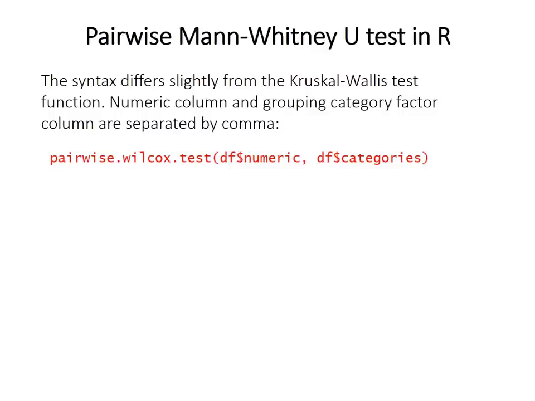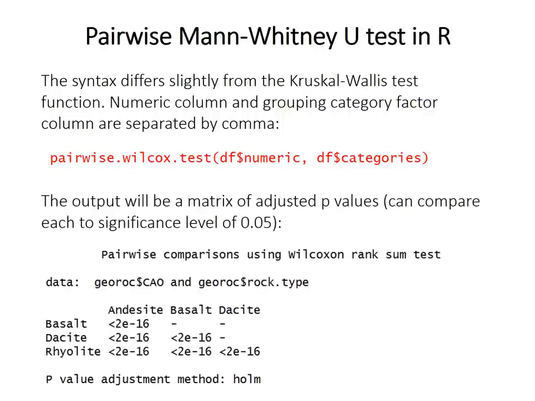So the pairwise Mann-Whitney U test function is a bit different in its format. You'll need to specify the data frame and the columns using the dollar symbol style, which you've used before, and you separate the numeric data and the categorical grouping factors with a comma, not writing them as a formula with the tilde. So the output will be a matrix of adjusted p-values. So rather than adjusting the significance level like I demonstrated before, the p-value in R here is just adjusted so you can compare each one to the traditional 0.05.